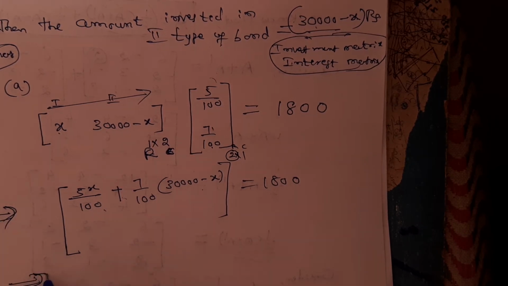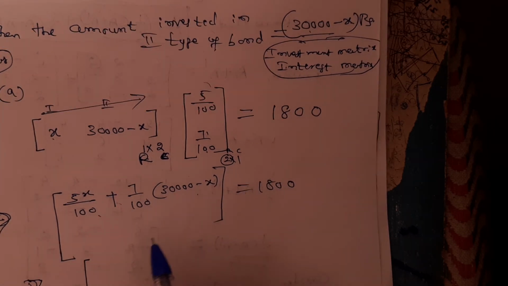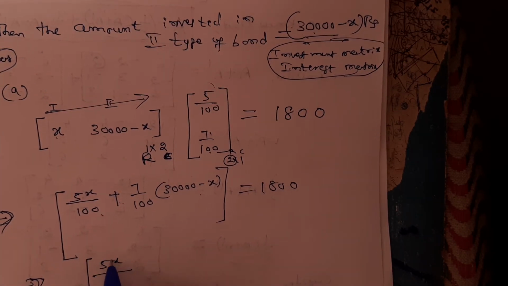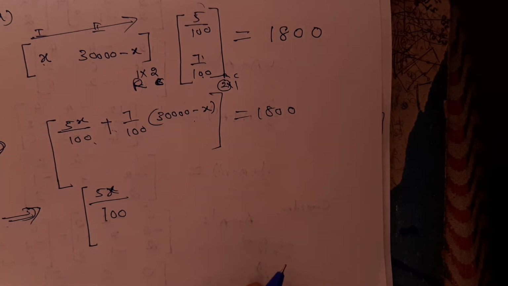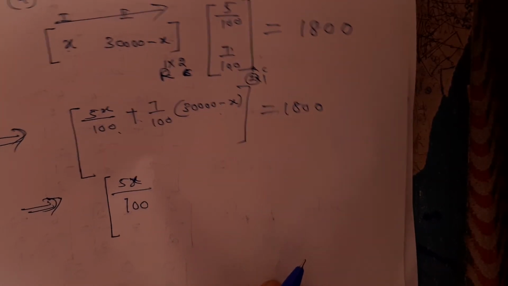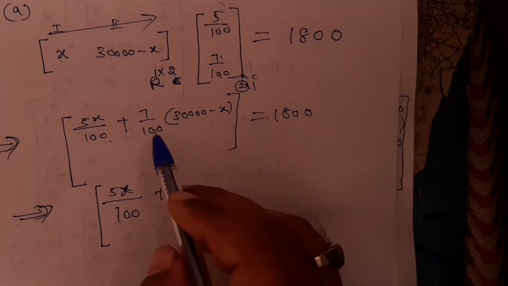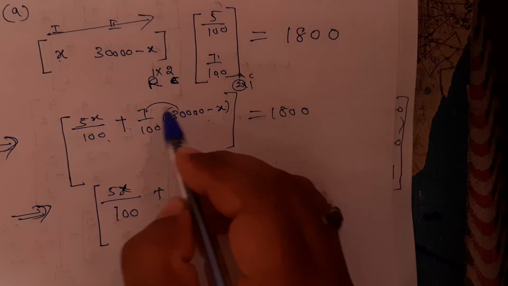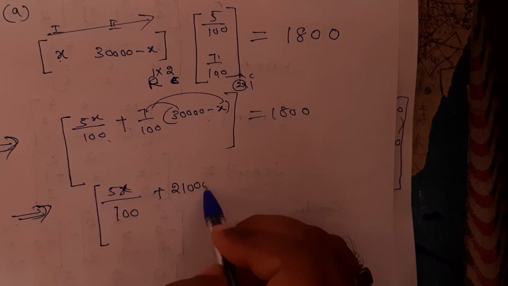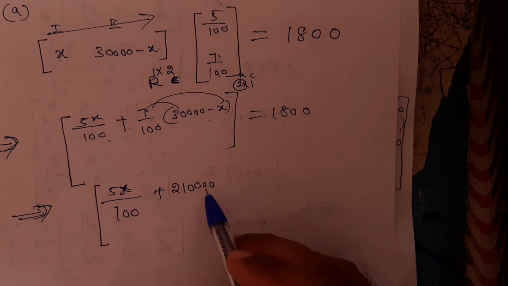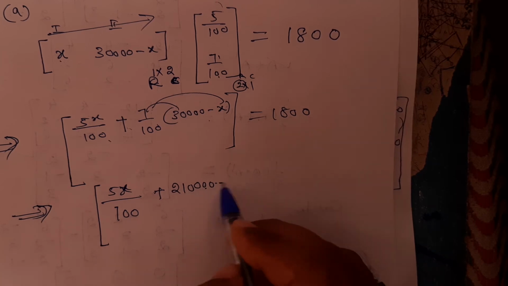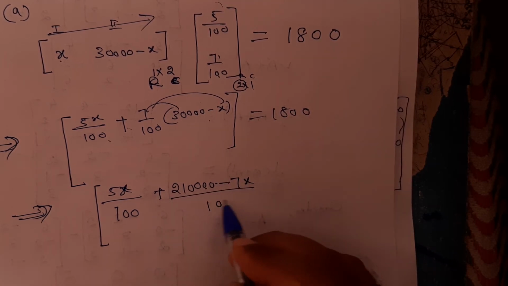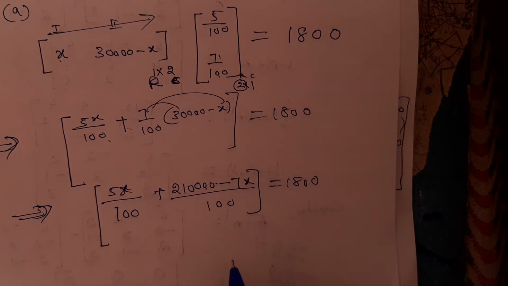Then this implies, so I can simplify this. 5x divided by 100 plus, I will multiply this here, 7 into 30,000 is 2,10,000, minus 7x divided by 100 is equal to 1800.